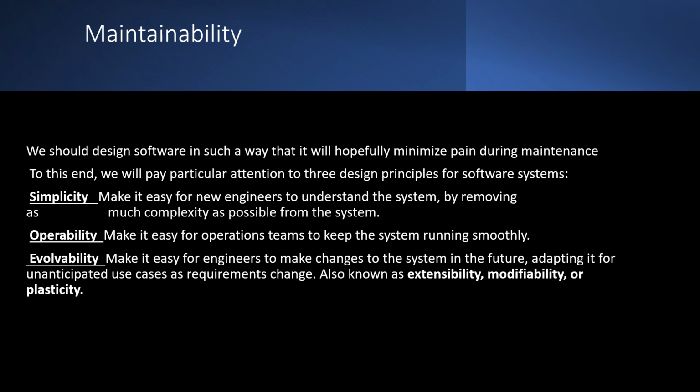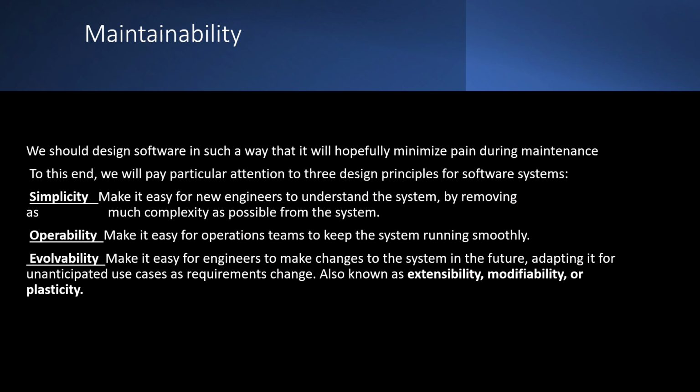Similar to simplicity is operability, to make the system run smoothly. Basically, if a small bug has occurred, and the system is simple enough and well written, the bug can be addressed very quickly, and it can continue to work correctly for as long as needed. Similar to operability is evolvability.